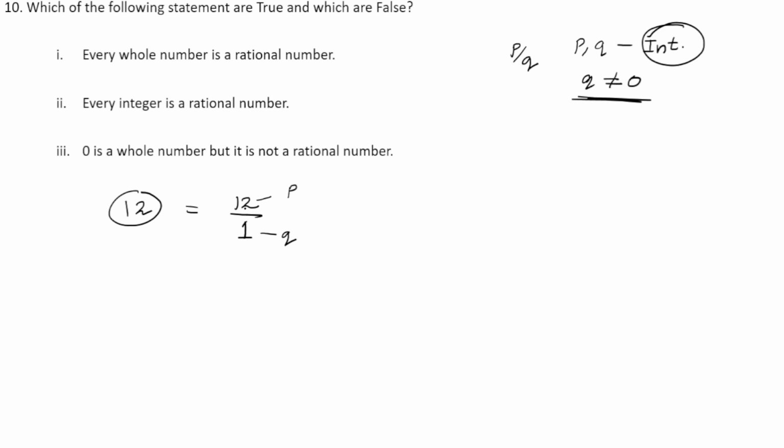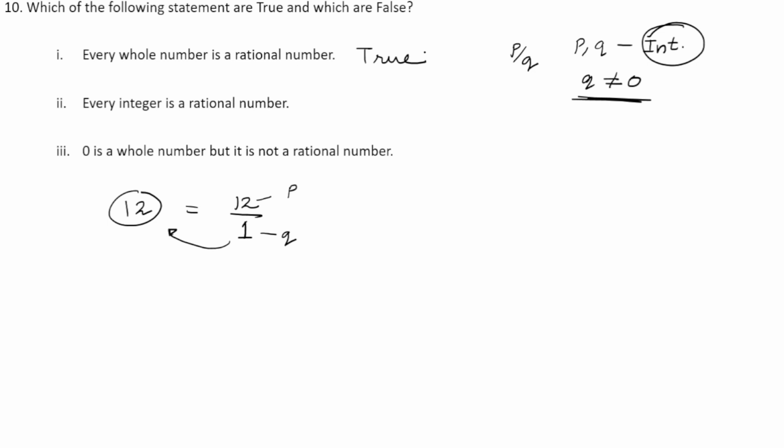It means 12 by 1 is a rational number. Ultimately, 12 by 1 is written as 12. Take any whole number, apply this, and you are going to see that this statement is true. So every whole number is a rational number because you can write it in the form of p by q.